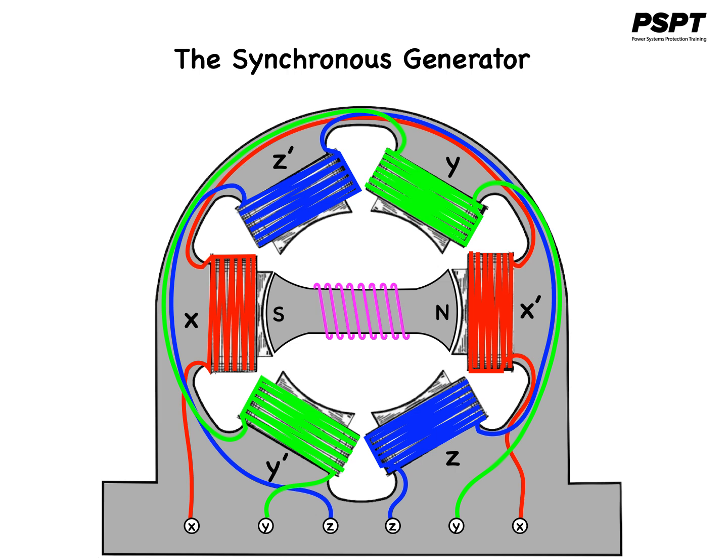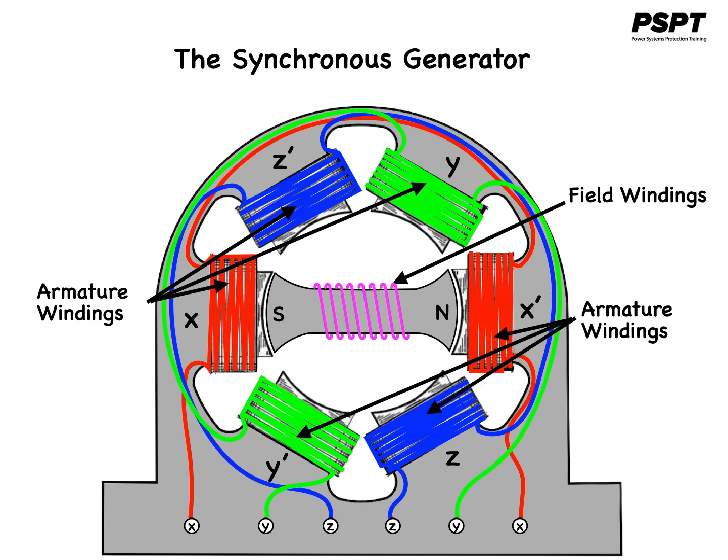Two terms commonly used to describe the windings on a machine are the field windings and the armature windings. In general, the term field windings applies to windings that produce the main magnetic field in the machine, and the term armature windings applies to the windings where the main voltage is induced.